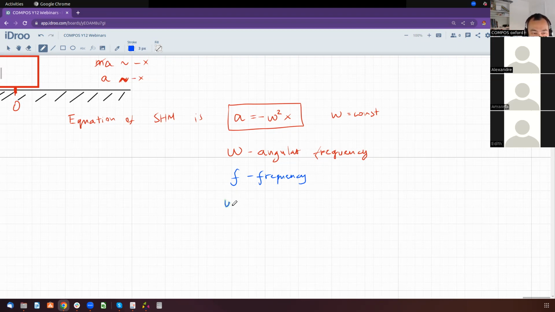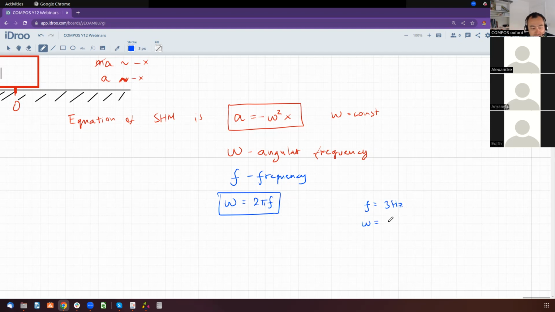The angular frequency is going to be 2 pi f. So basically, it's pretty much the same as the frequency, just multiplied by 2 pi. So if the frequency is, I don't know, 3 hertz, 3 oscillations per second, then the angular frequency is going to be 2 pi times that.